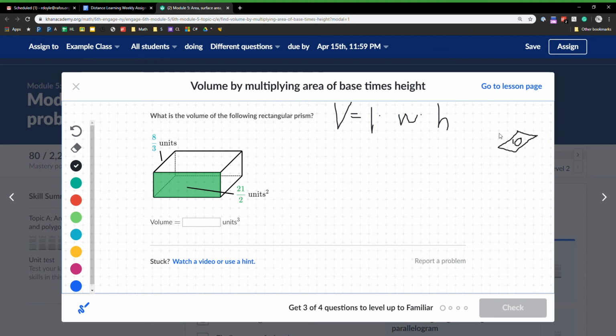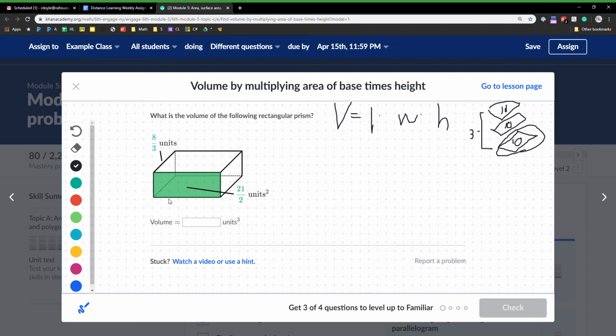Well, if you're finding volume and you have 3 pieces of paper all stacked up on top of each other, and they all have area 10, then it would be the area times how many there are, which is 3, but this is really like the height.